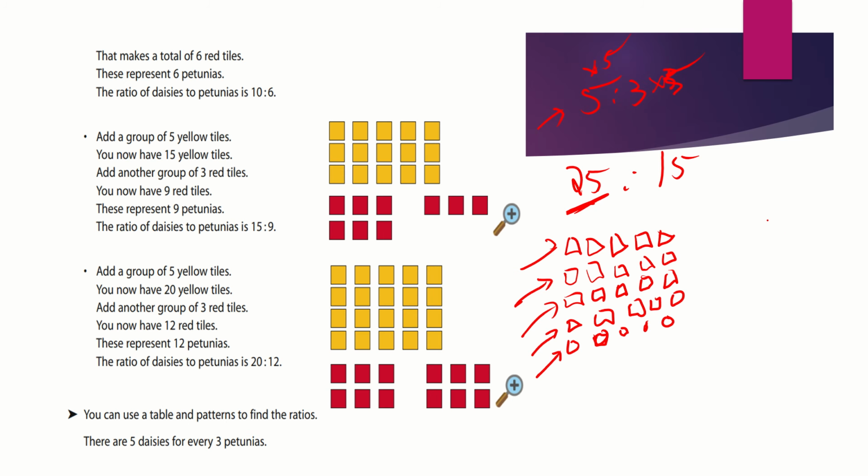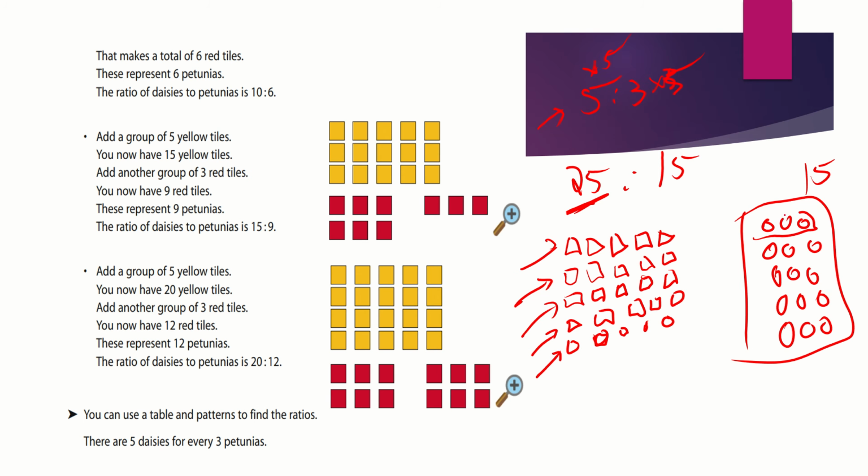Now on this side, we have 15 circles in 5 groups of 3. So here we have the same amount of groups, which is 5, but we're going to have a different answer because our ratio is 5 squares to 3 circles in this case.